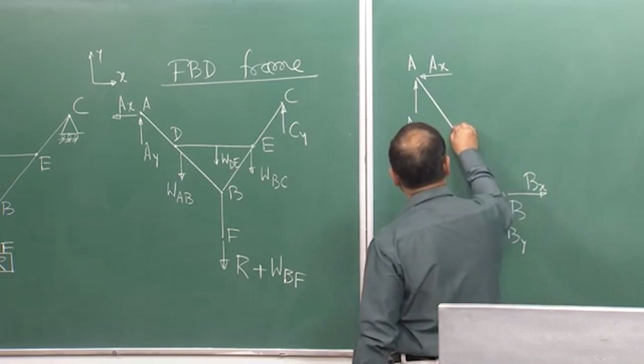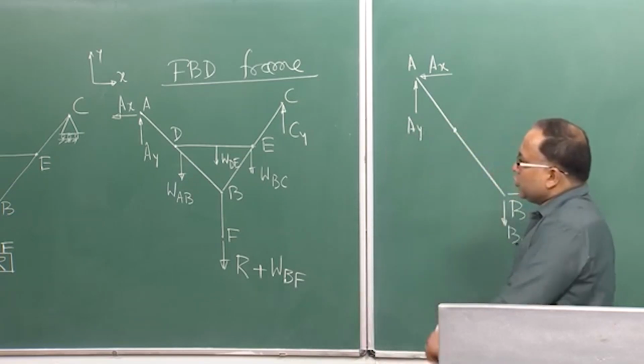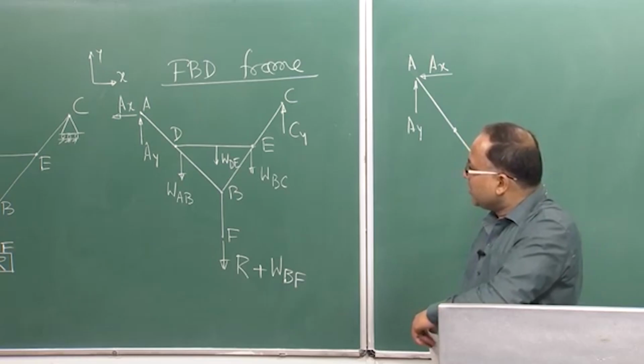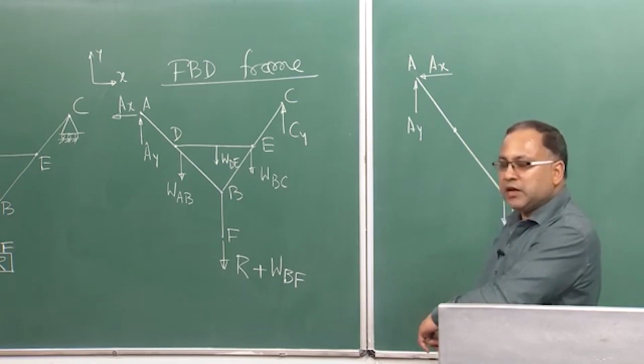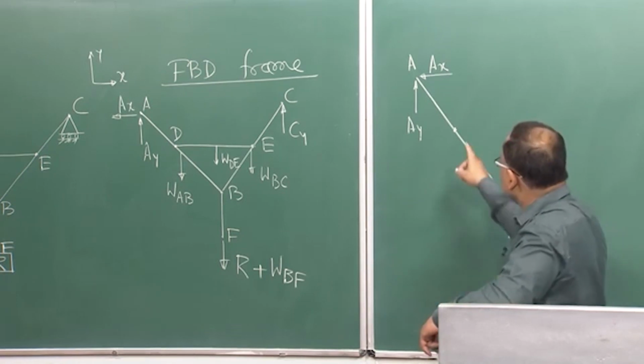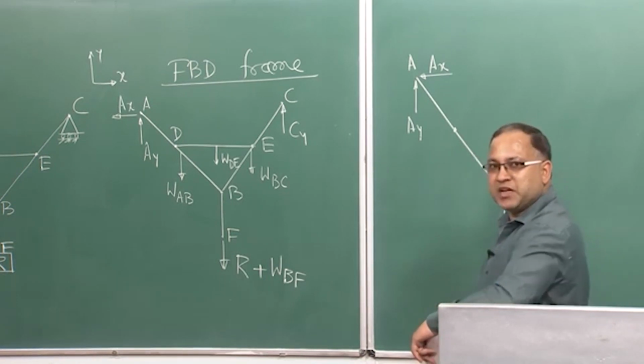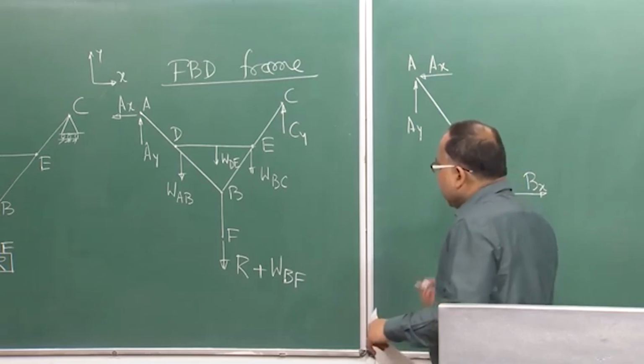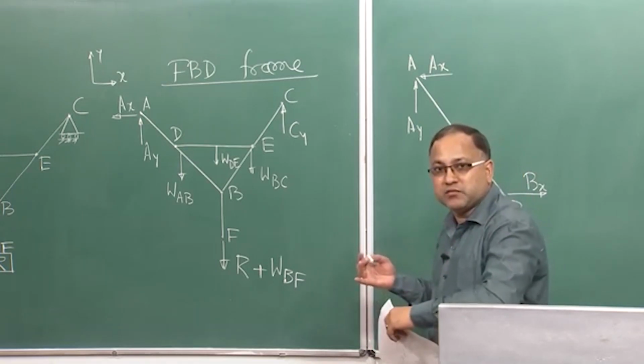Now, at point D, so DE, that member is getting supported at points D and E. So, at point D we will be getting some reactive forces. Again I do not know the line of action of that force.